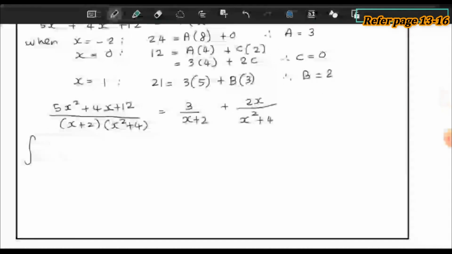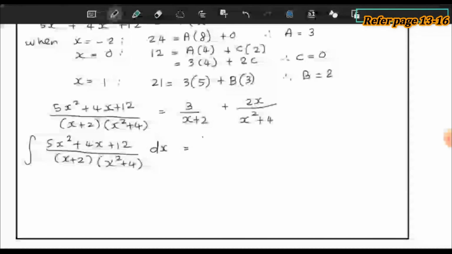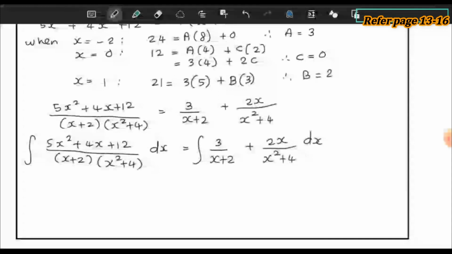Next, integrate (5x² + 4x + 12)/((x + 2)(x² + 4)) dx equal to the integral of 3/(x + 2) + 2x/(x² + 4) dx, equal to 3 ln|x + 2|.